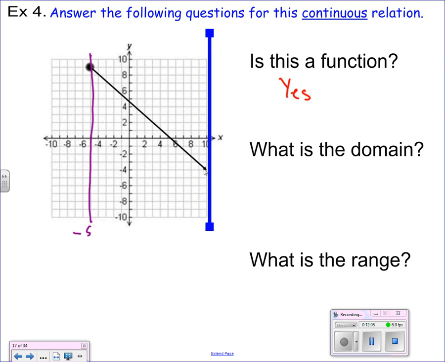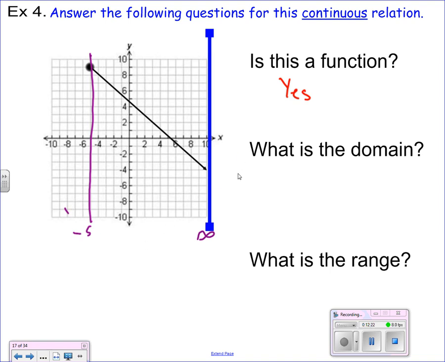Then trace to the far right of your graph. And as I go to the far right, notice there's an arrow. When there's an arrow, you can't build a wall. So you would put infinity on the far right. If the arrow's on the far left, it's negative infinity.